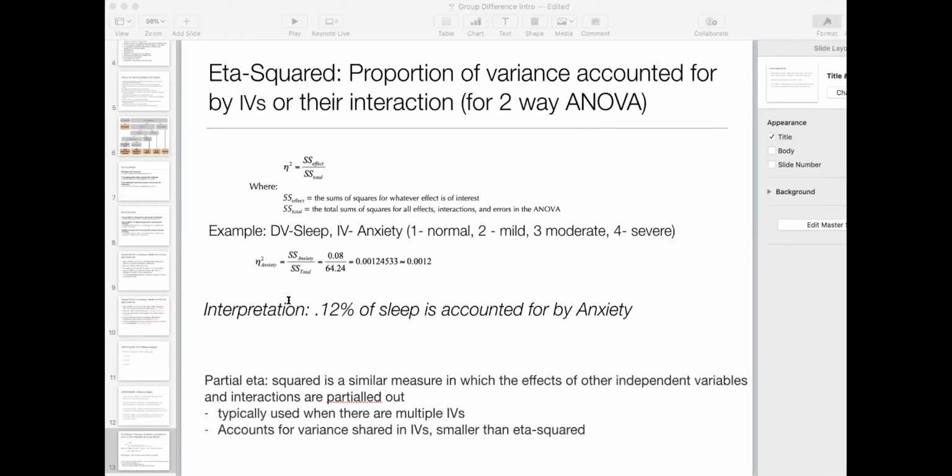So you don't need to explain what an F ratio is. You just report whether it's significant or not. Okay? Questions?